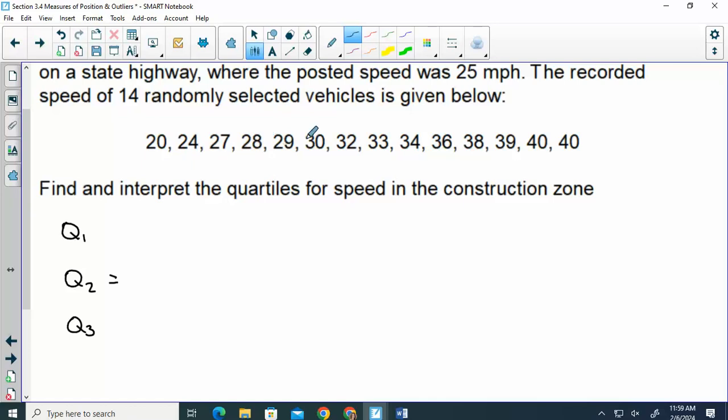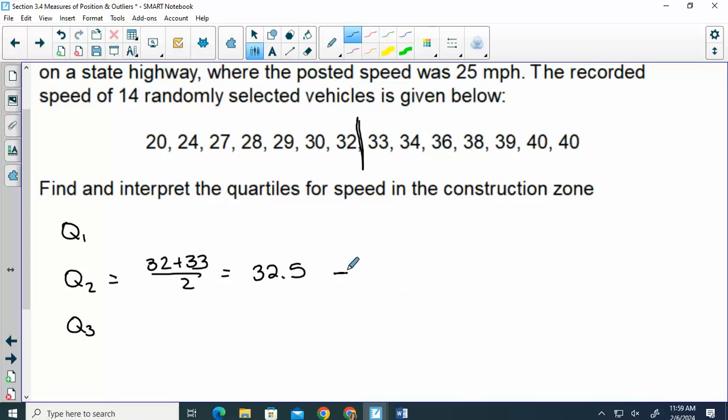We need the middle, which would be right here, because then there'd be 7 on each side. So for the median, we would have to add those two together and divide by 2, and we get 32.5.